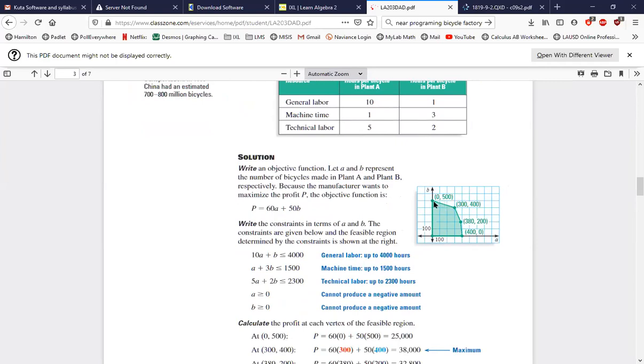We have 1 line, 2 lines, and 3 lines. The profit would be $60 for plant A bicycles, $50 for plant B bicycles. When you add them up, that's how much we're going to make. That's our profit value. My objective function is asking, what is my maximizing profit here?